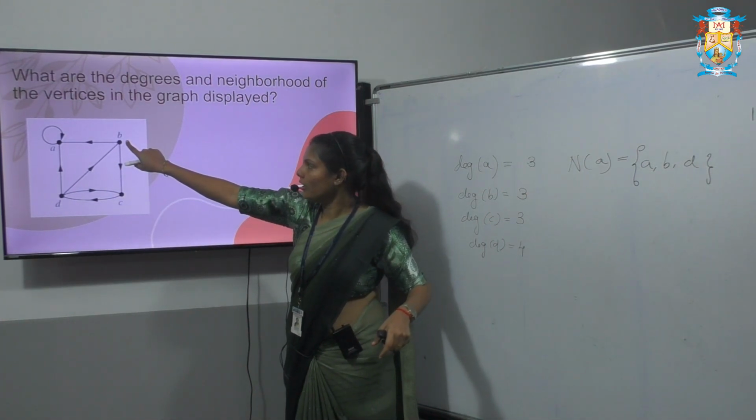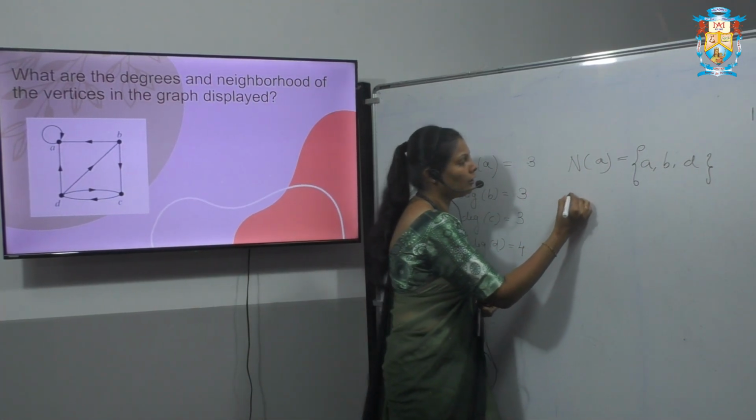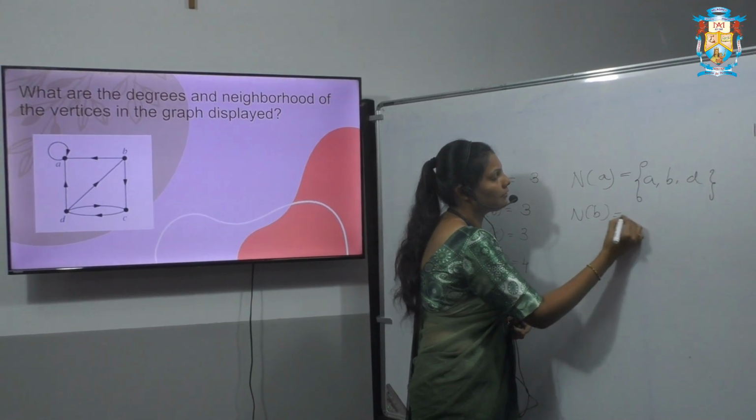Next we will go for B. So N of B, which are the adjacent vertices?